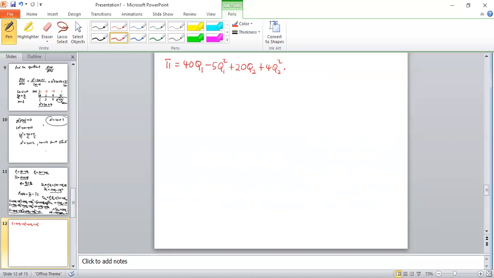Now, since they want us to find the value of Q and the value of P that maximizes profit, we need to find Q.